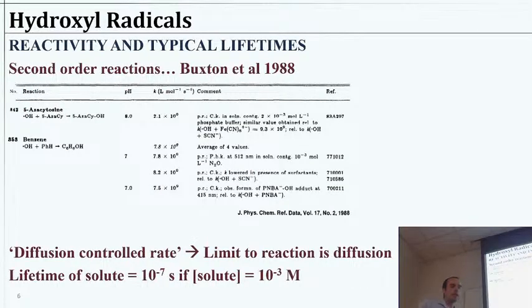Okay, here's the massive text published in 1988. This is Buxton et al. It's a review paper, and probably they provided some of the data themselves. But if you ever need any information about hydroxyl radicals or oxygen radicals or H radicals reacting with some chemical that was known by 1988, this is your go-to.